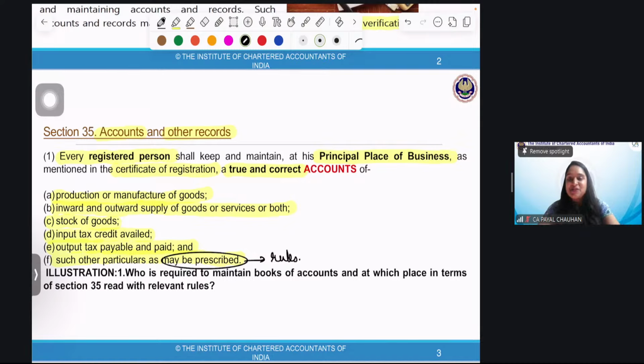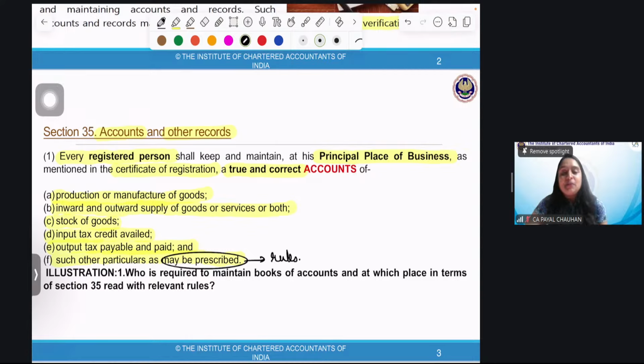Very good, Said. Ashlesha, very good. You people are giving perfect answers. That means we have to read section 35 along with the rules. We have more rules which will tell what other records a person has to maintain. Perfect. Now, illustration.